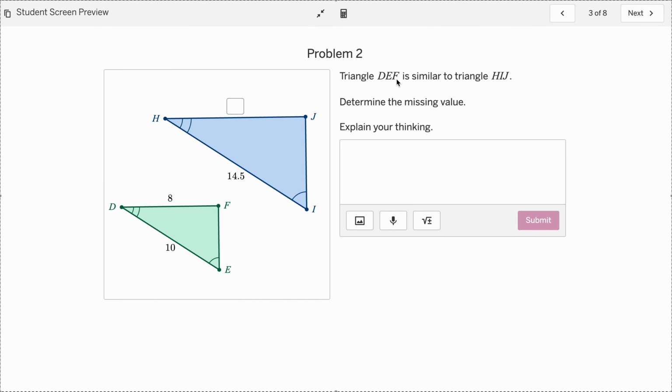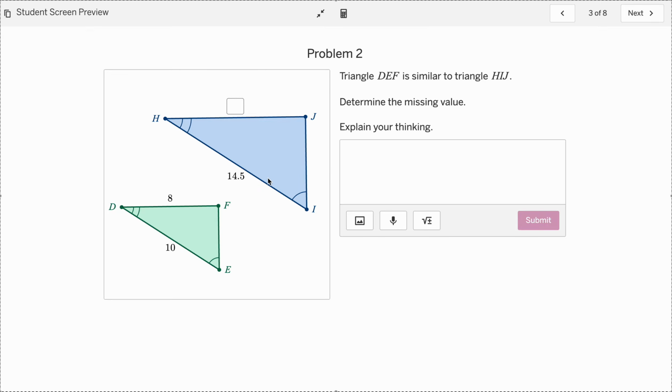So triangle DEF is similar to triangle HJI or HIJ. So we have to figure out what this length is right here. Looking here again, I know that 8 times 1 1/4 is going to be 10. So something times 1 1/4 is 14.5.